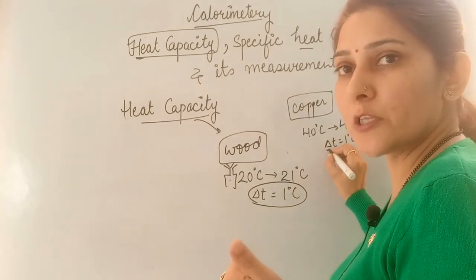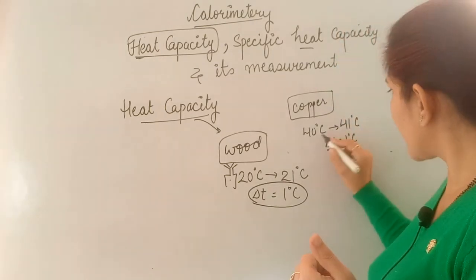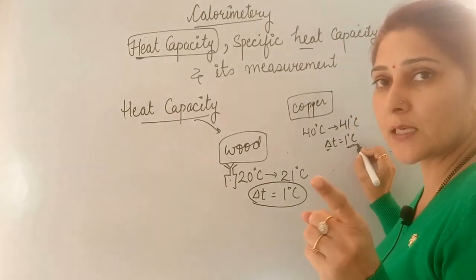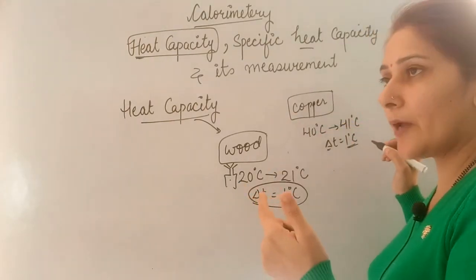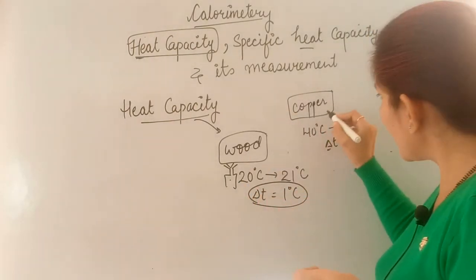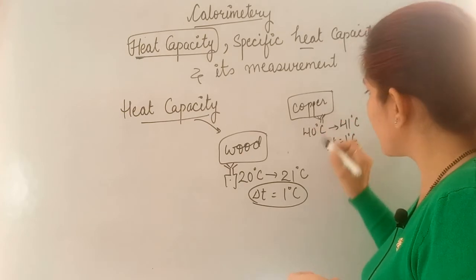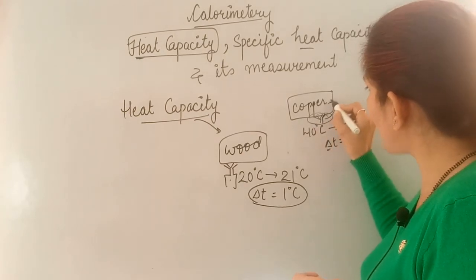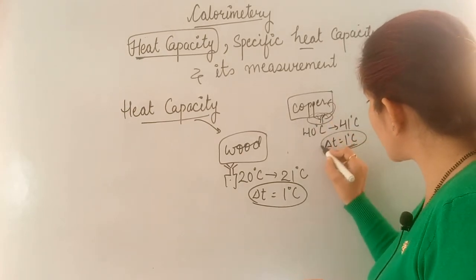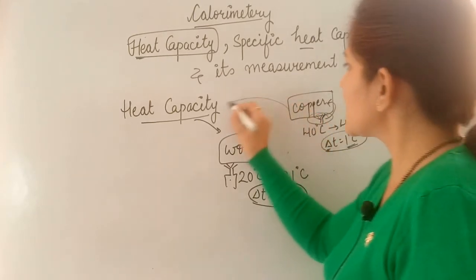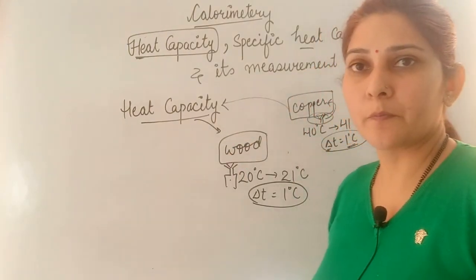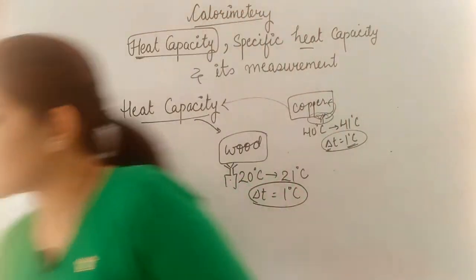Delta is for small change. So what will be the change from 40 to 41? The change is 1 degree Celsius. So to raise its temperature by 1 degree Celsius, copper is going to absorb heat. The amount of heat absorbed by the copper to raise its temperature by 1 degree Celsius is the heat capacity of copper.